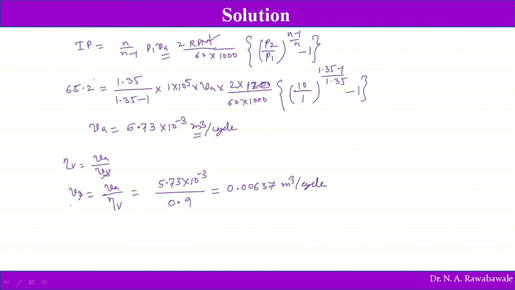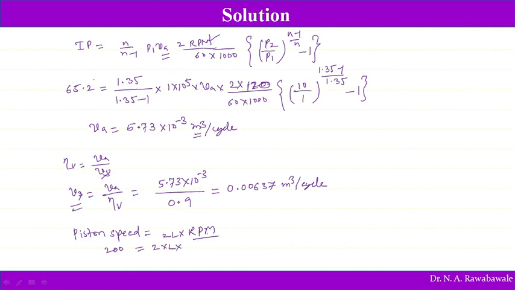So Vs is known. Now, piston speed is equal to L into RPM. Piston speed is given as 200 meters per minute, equal to L into RPM.